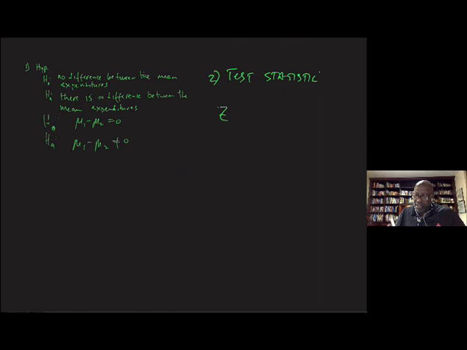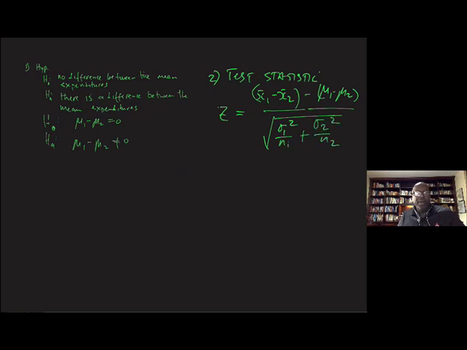Since we're actually going to start off with the variances known, the test statistic would be x bar 1 minus x bar 2, that's our point estimate, minus mu1 minus mu2, our population parameter, over the standard error. And what's the standard error in this case when the variances are known? It's the square root of sigma 1 squared over n1 plus sigma 2 squared over n2. That's step 2.